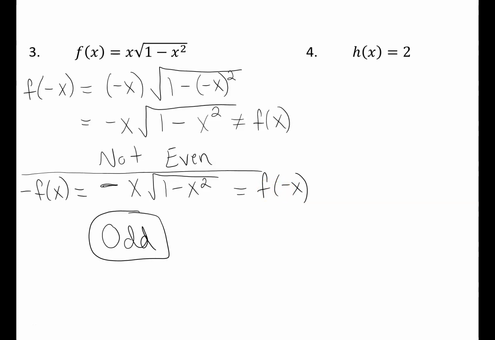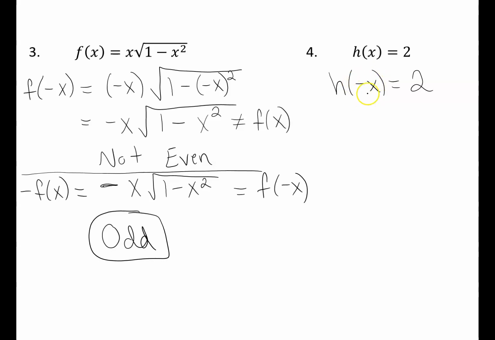Okay, one more example real quick. Number 4, you only have a constant on the right side of your equation here. So if you were to try to find h of negative x, there is no x to substitute in for. This function is constant. It's going to stay 2 no matter what I substitute.